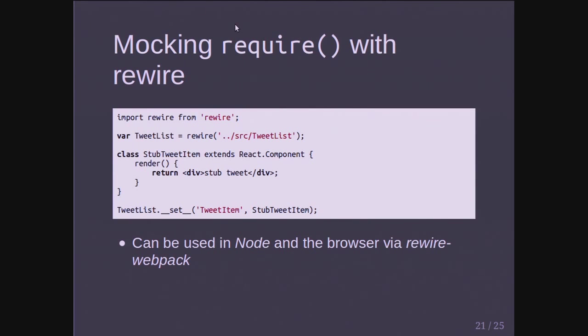So for example, my tweet list component requires the tweet item component. And what I can do here is rewire tweet list, and then I can replace the reference to the tweet item component with some stub, which can do whatever you want it to.